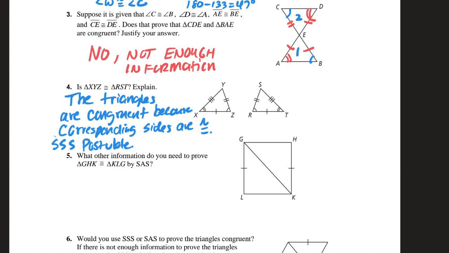Also, the two triangles are congruent because they do have an included side that's congruent, and we have these two corresponding angles that are congruent. So the two triangles are congruent because of the angle, side, angle postulate. And the S is the included side.